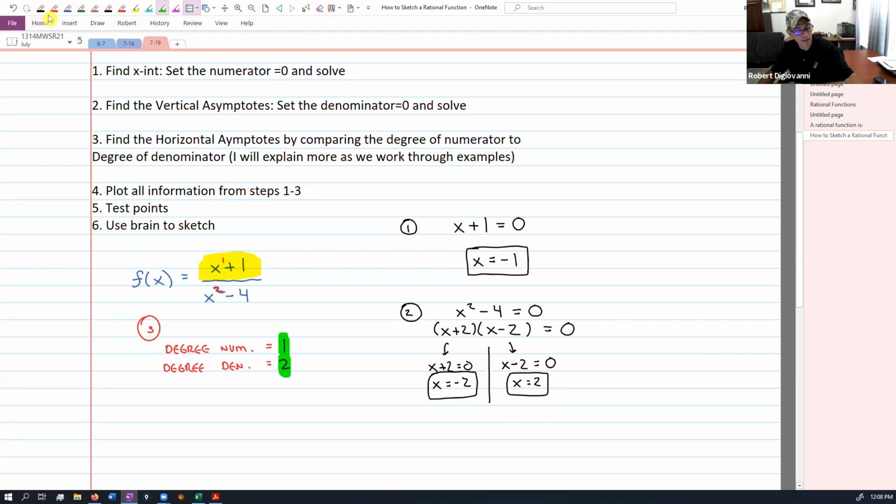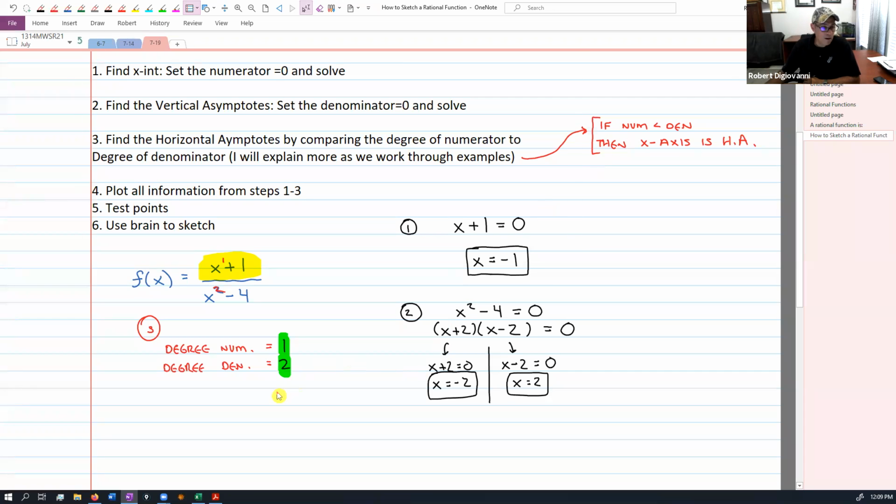This is the step I didn't put here. If the numerator's degree is less than the denominator's degree, then the x-axis is your horizontal asymptote. Okay, that's one thing that can happen.